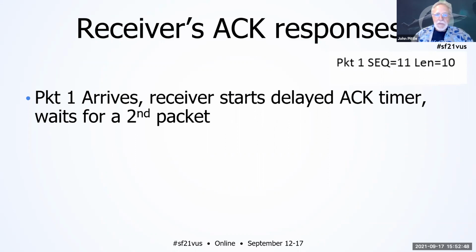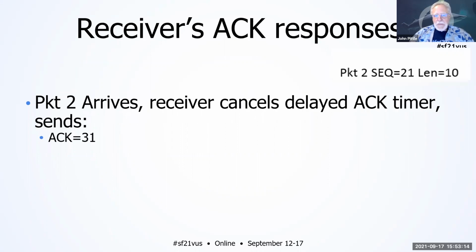First packet arrives in this stream, the receiver starts his delayed ACK timer and is now waiting for a second packet. As you may know from delayed ACK timer knowledge, if there is no second packet, then as soon as that delayed ACK timer expires, we're going to send an ACK straight away to let the sender know that we did receive a packet. But at this point, we're now waiting for a second packet.